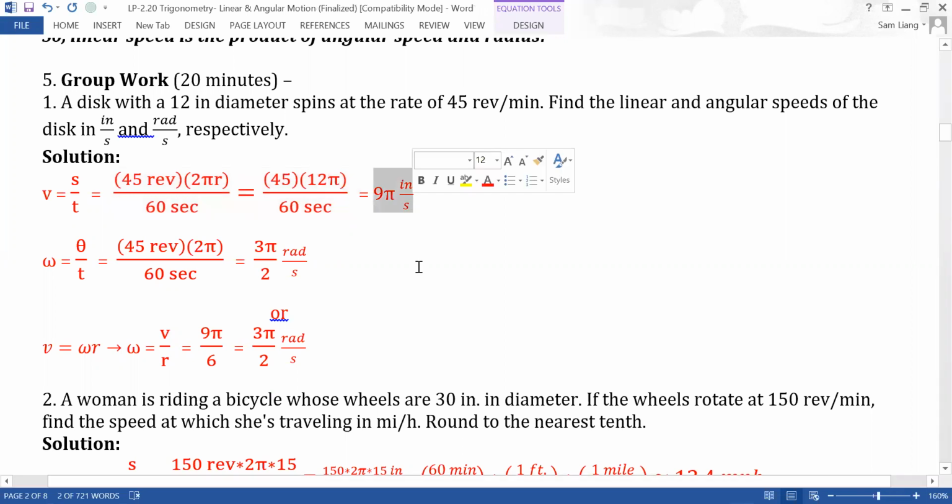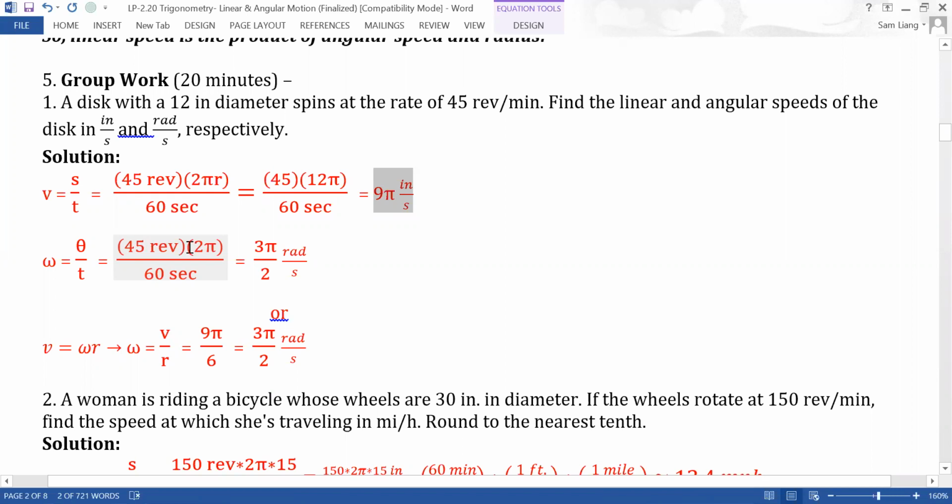For the angular speed, it's theta over t. Angular speed is actually easier to solve because it's always 2 pi radians per revolution, so there's always gonna be a 2 pi here. The number that we plug in is the number of revolutions, in this case 45. 45 revolutions times 2 pi over 60 seconds. 45 divided by 60, you can see that as 3/4 if you divide both top and bottom by 15.